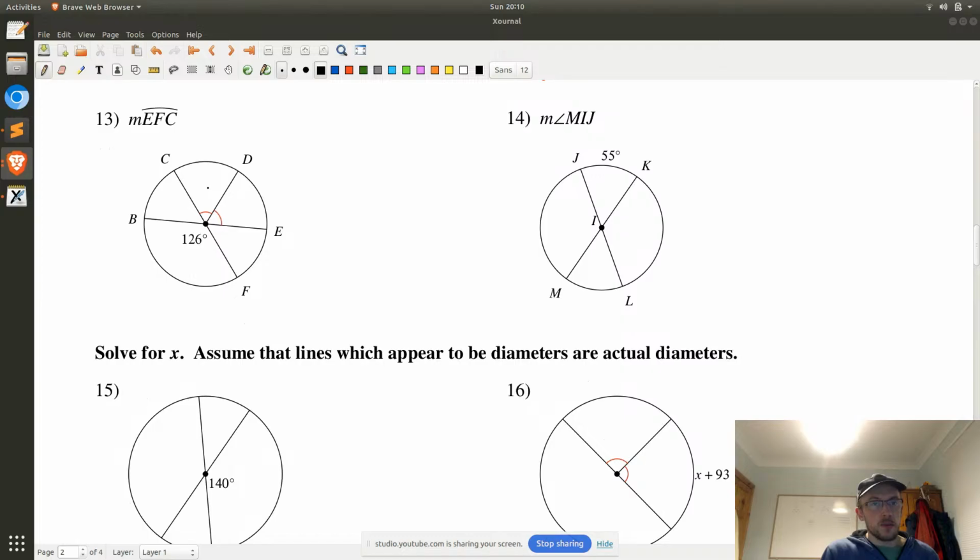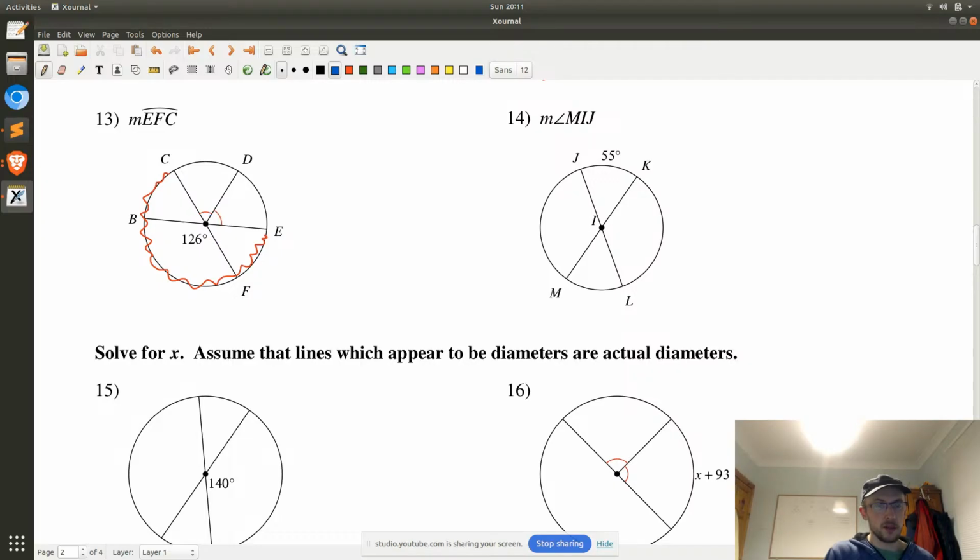Find the measure of arc EFC. E, F, C. All right, so that's going around that way. So these, what are apparent diameters, are actual diameters, or so it's said.